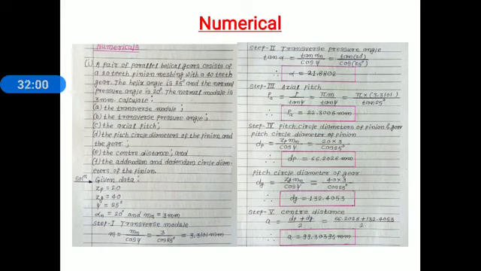Simplify, we get the pitch circle diameter of a pinion as 66.2026 millimeter. Similarly, pitch circle diameter of gear, d suffix g, is z suffix g into m n divided by cos psi. That z suffix g is 40 into 3 divided by cos 25. Simplify, we get the pitch circle diameter of gear as 132.4053 millimeter.